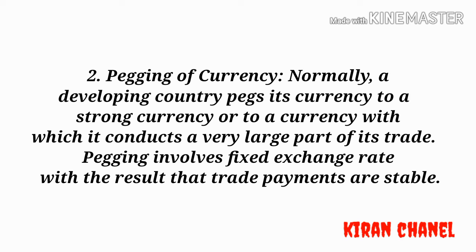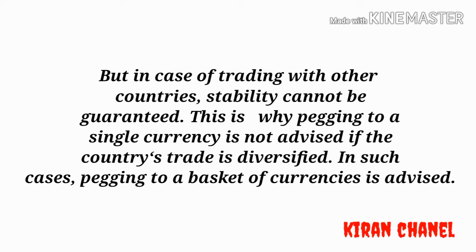2. Hedging of currency. Normally, a developing country pegs its currency to a strong currency or to a currency with which it conducts a very large part of its trade. Hedging involves a fixed exchange rate, with the result that trade payments are stable, but in case of trading with other countries, stability cannot be guaranteed.